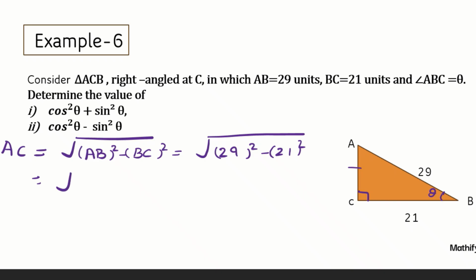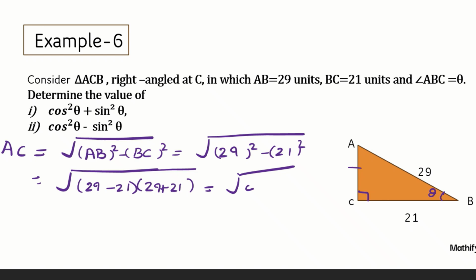These are large numbers, so we use the formula a square minus b square is equal to (a minus b)(a plus b), that is 29 minus 21 and 29 plus 21. Okay. So it will give you 29 minus 21 is 8, and 21 plus 29 is 50. So it will give you 400, and the square root of 400 is 20 units.